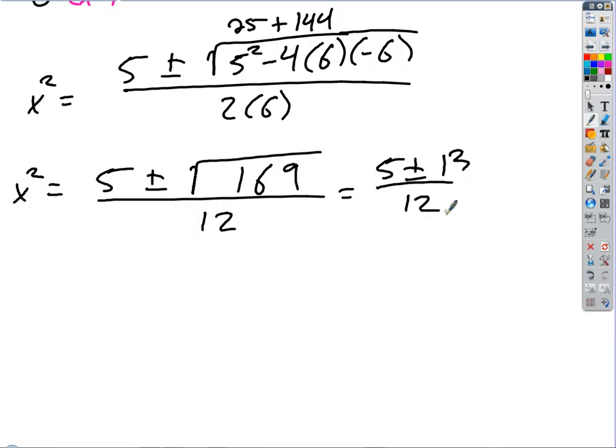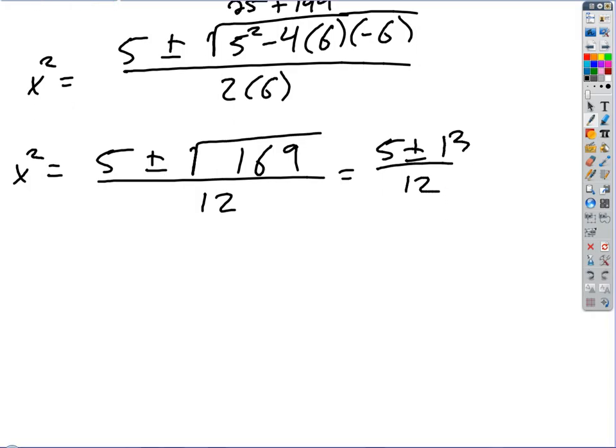And so I'm going to get two possible answers here, one for the plus and one for the minus. If I take the plus, I'm getting 5 plus 13 is 18, over 12. So that's going to give me x squared equals 18 over 12, which reduces to 3 halves.